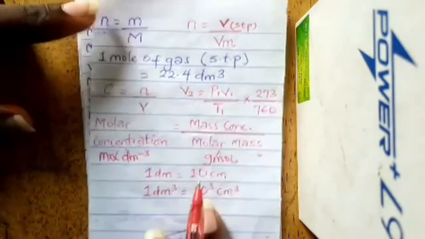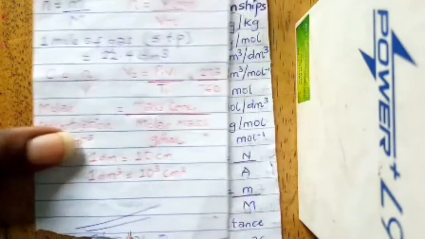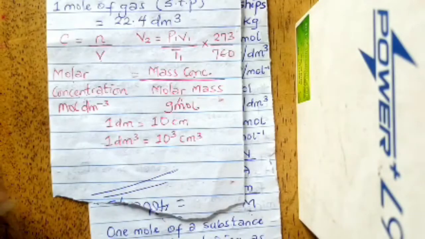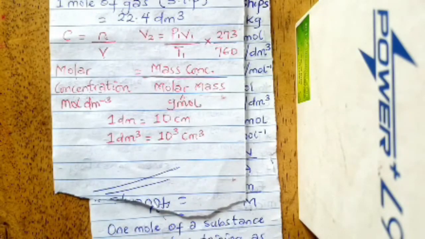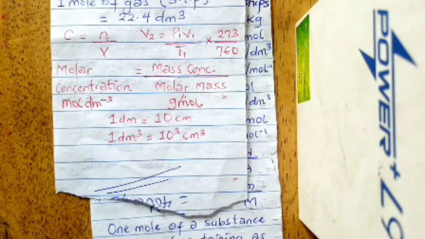Okay, so we have conversion, because I said we'll be using dm cube or cm cube for our volume. To convert, 10 millimeters make 1 centimeter, and 10 centimeters make 1 decimeter.